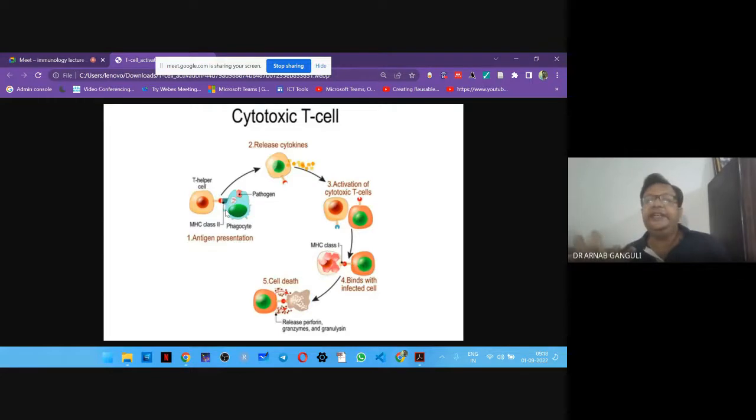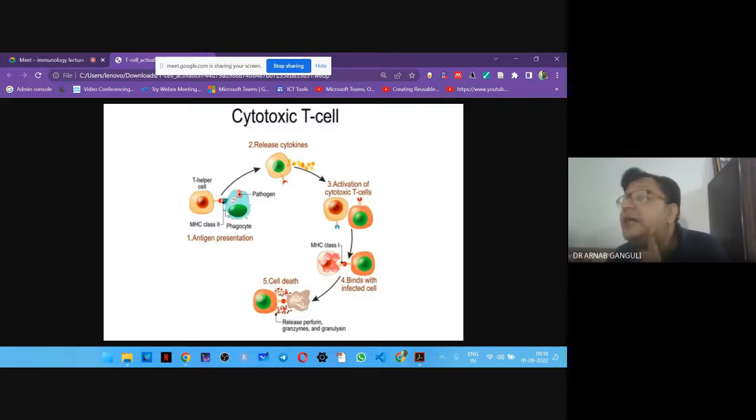So even if it's a self protein inside your body, say your kidney cell, your kidney has lots of your own proteins. Each of these proteins are expressed by MHC1 molecules. Not the whole protein, little parts, little antigenic determinants are expressed. All proteins of your body are expressed on all cells on MHC1 molecules.